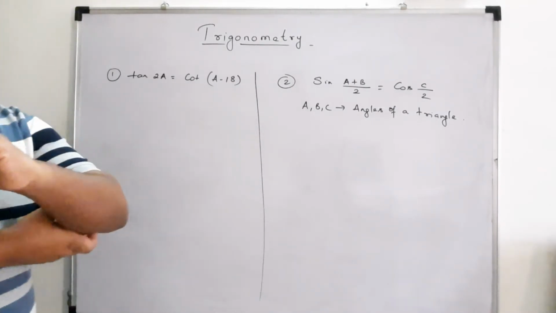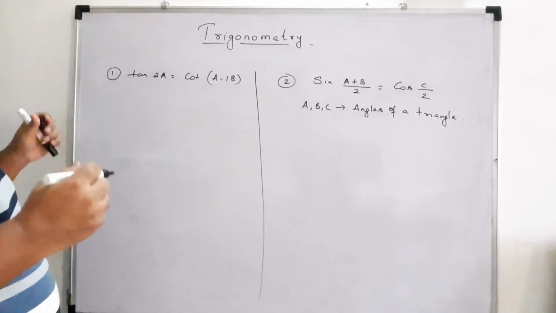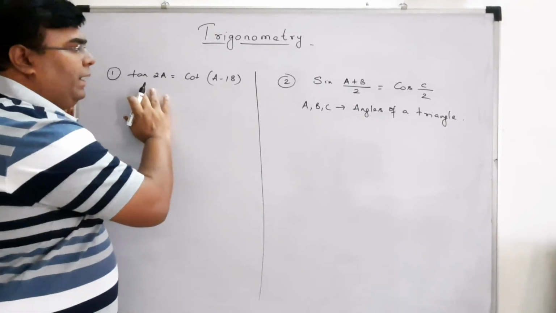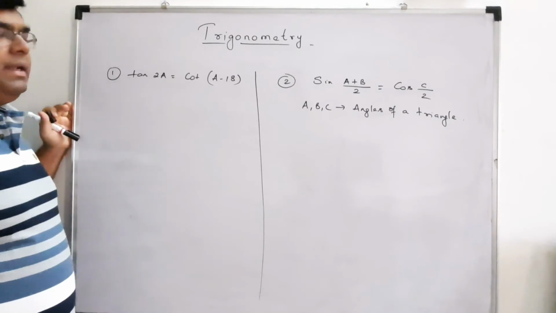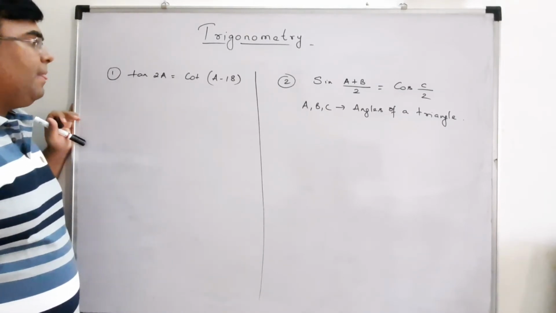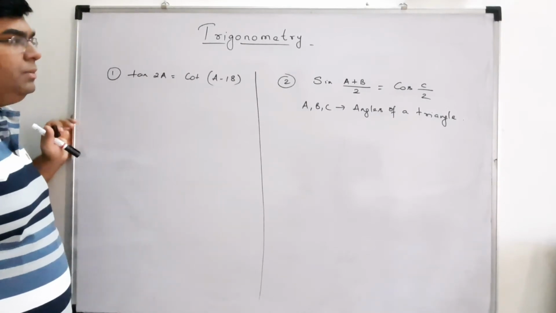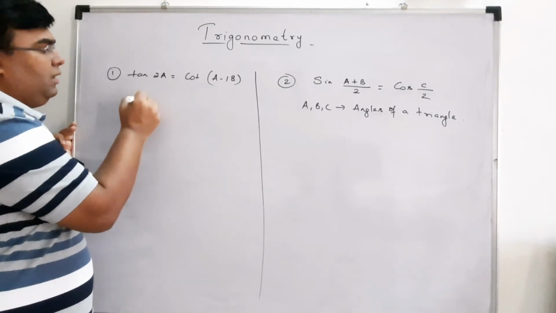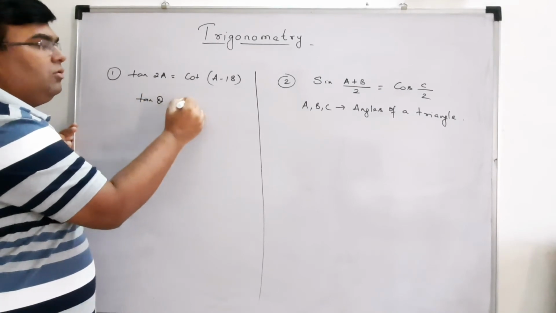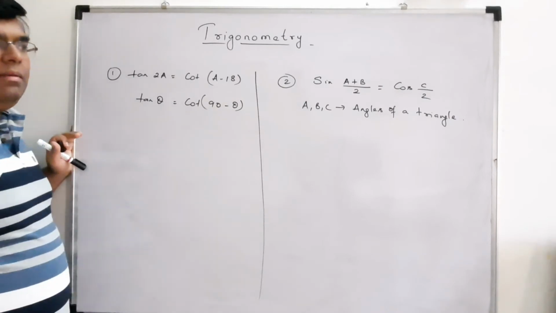Okay, let us take two more examples in a different category. It is given that tan 2a is equal to cot of a minus 18. Now we need to find the value of a. So how will we do that? We will use again the complementary angle relationship, which is, we know that tan theta is equal to cot of 90 minus theta.